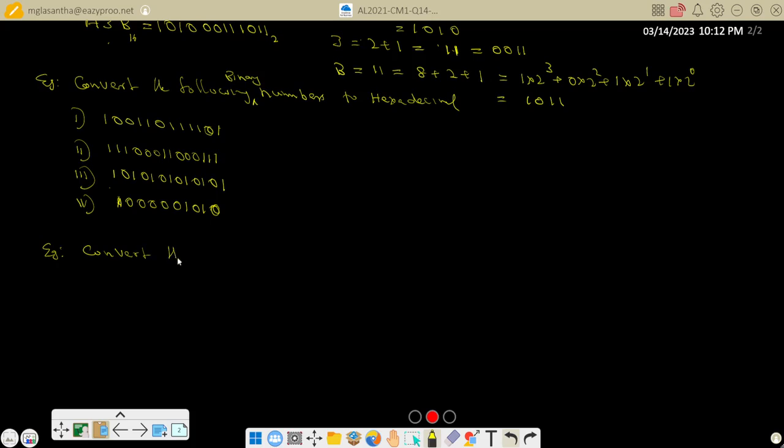Convert the following hexadecimal numbers to binary. One, two, eight.